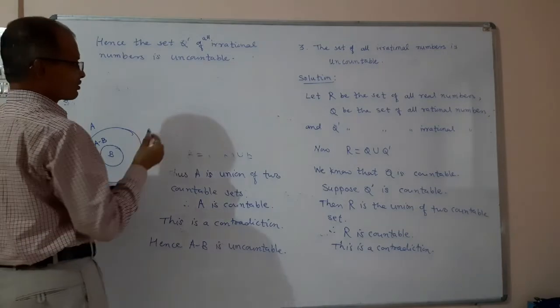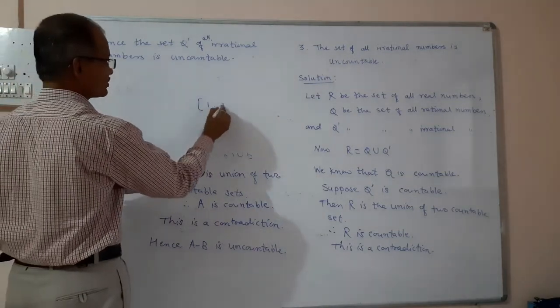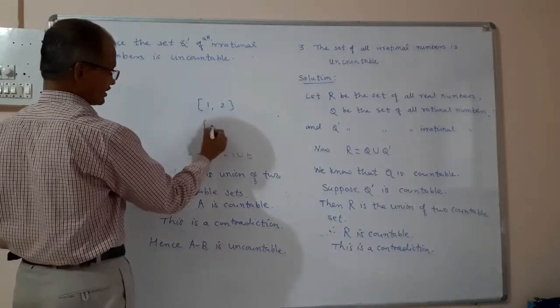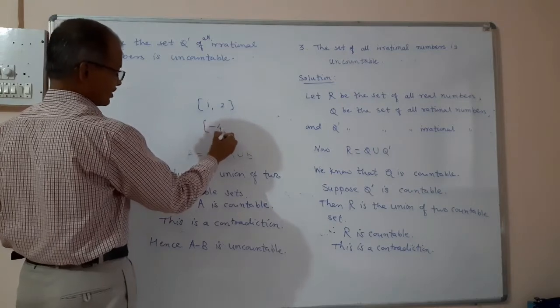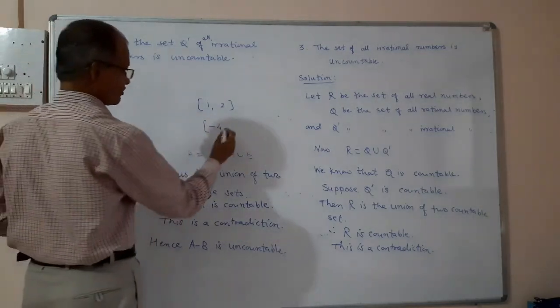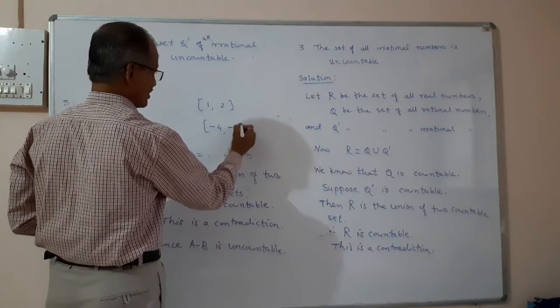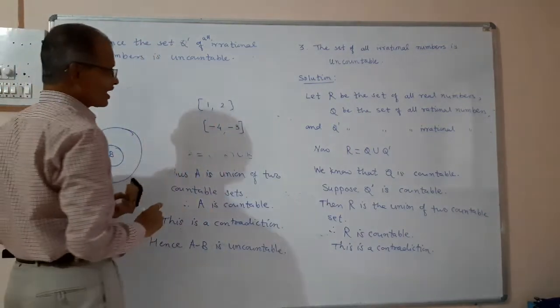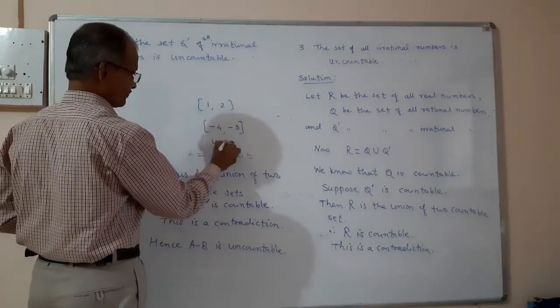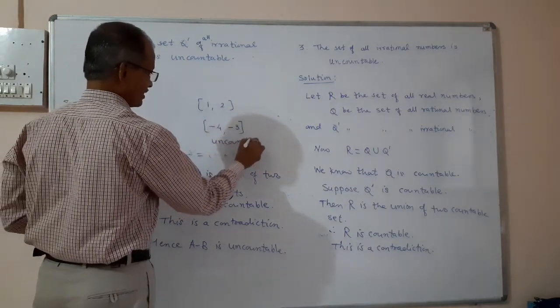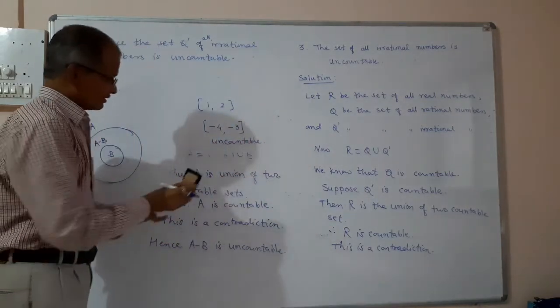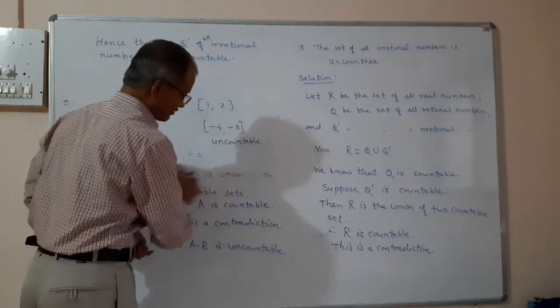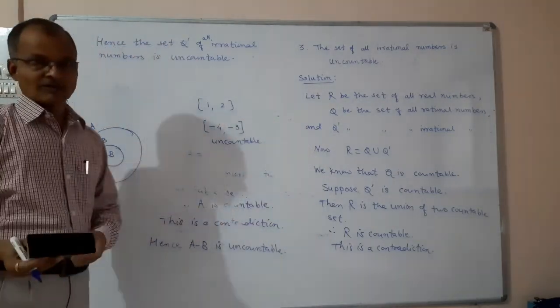It's not only 0 to 1, but the interval 1 to 2, or the interval say minus 4 to minus 3, or minus 5, whatever you may consider, are all uncountable. So this is about uncountable sets. So okay, thank you.